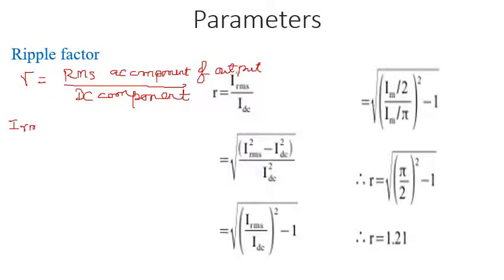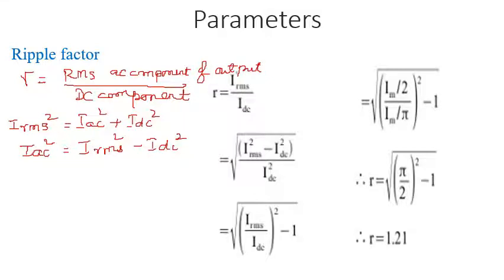To derive the ripple factor, I can write IRMS square is equal to IAC square plus IDC square, or rearranging, IAC square is equal to IRMS square minus IDC square, or IAC is equal to the square root of IRMS square minus IDC square.